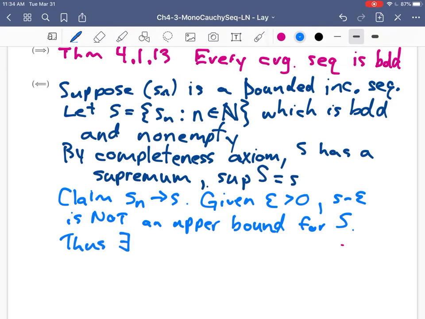So if it's not an upper bound for S, there exists a natural number N such that there is a term associated with this that must be greater than S minus epsilon.